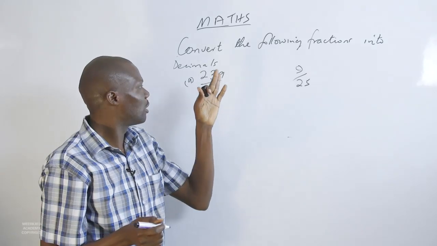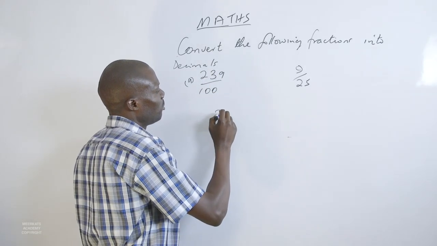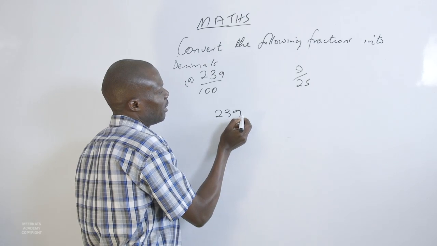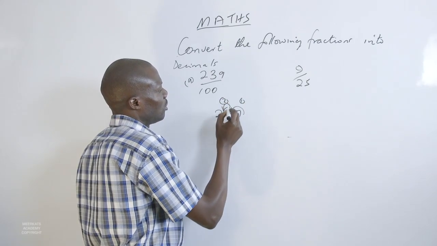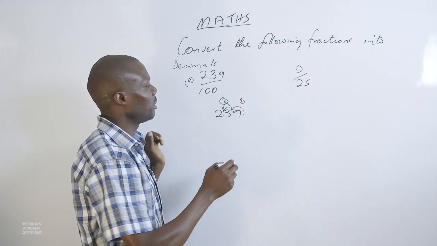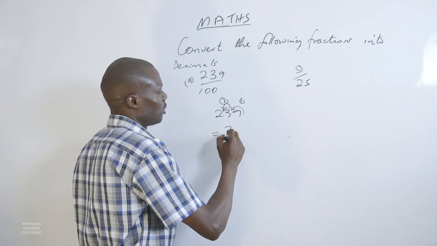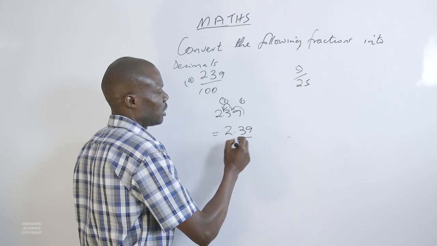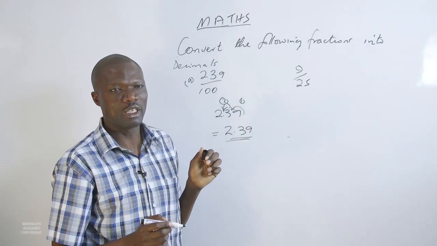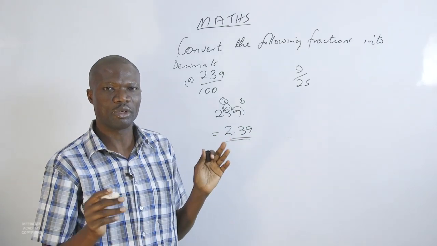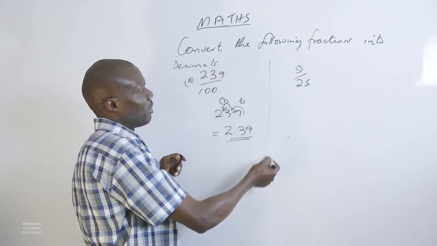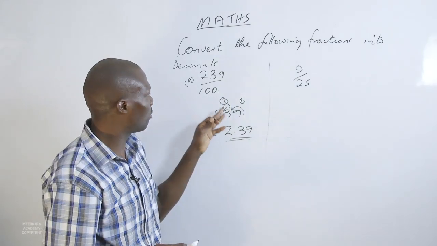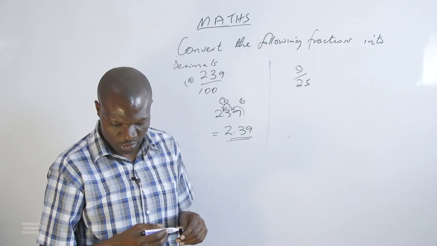Then you count the same number of decimals. So this will be 239, and from here 1, 2, so the decimal point will come here. This one becomes 2.39, with 2 decimal places, equivalent to the 2 zeros.